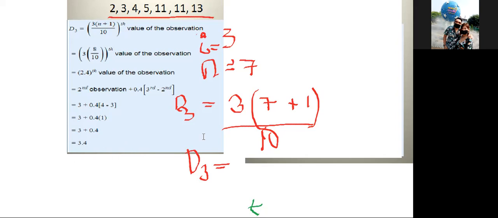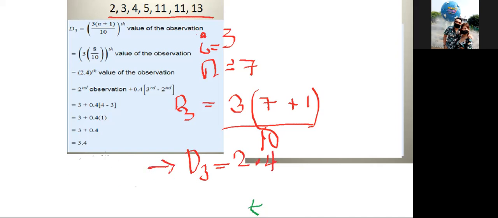So the position is 2.4, or the location.